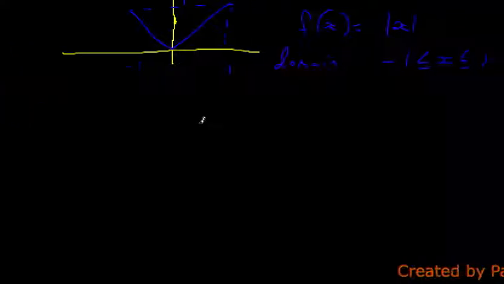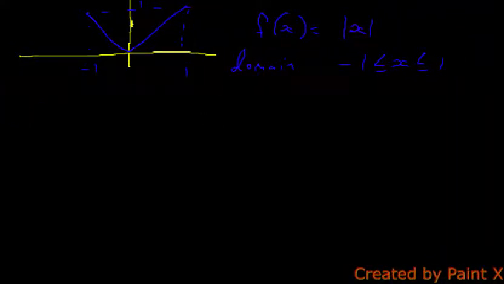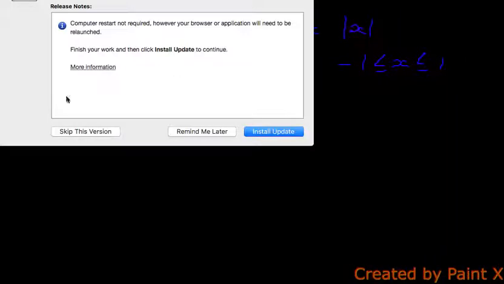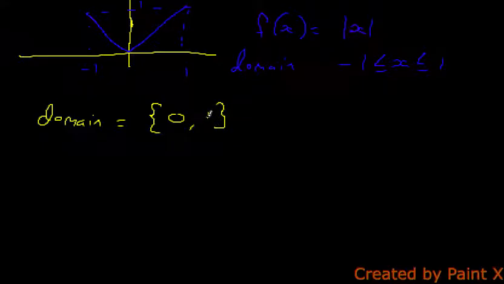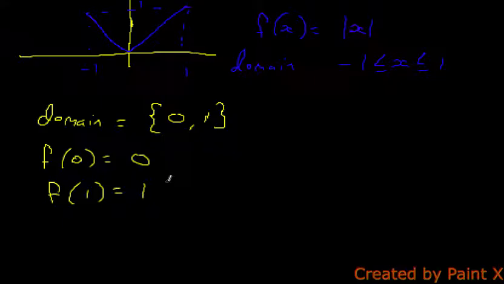So a really simple example which solves all of these is, for example, if we define our domain to be the set {0, 1}, okay, it has the numbers 0 and 1 in, and f of 0 is 0, f of 1 is 1.